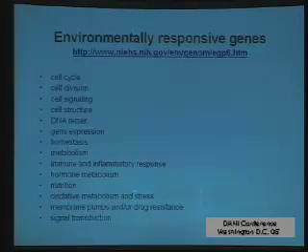Environmentally responsive genes include genes that govern many important things about how we function: cell cycle, cell division, and I'm just going to pick out highlights, metabolism, immune inflammatory responses, oxidative metabolism and stress, hormones, signals, membranes, drug resistance. So all of these things have genetic influences because they're all biological, and the chemical way that you do that has a genetic component. These are environmentally responsive genes.